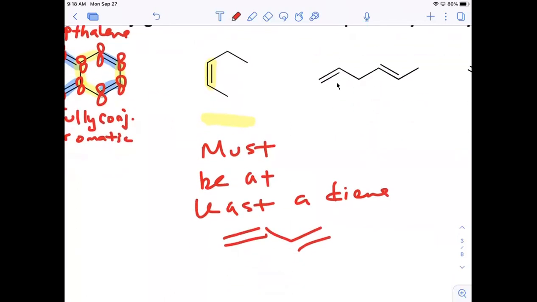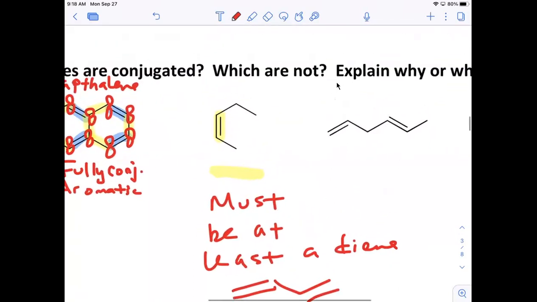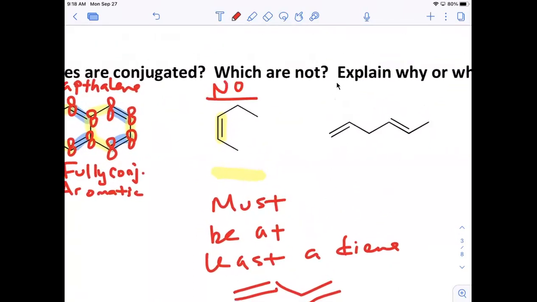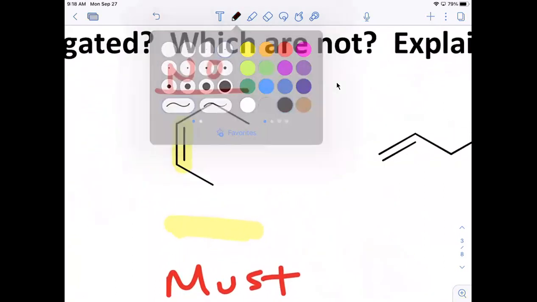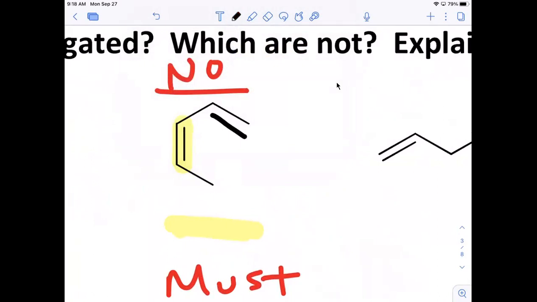If you have one pi bond, it can't be conjugated, because the conjugation is not just the pi bond itself, but it's the pi bond being able to overlap with a second pi bond. So if I had another pi bond drawn in here, then yes.